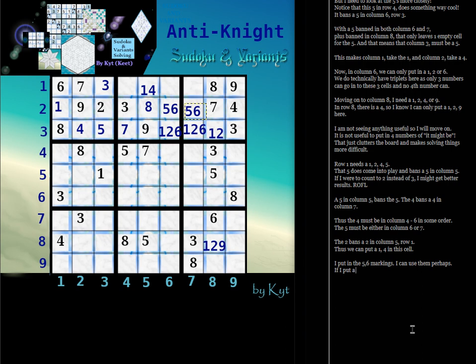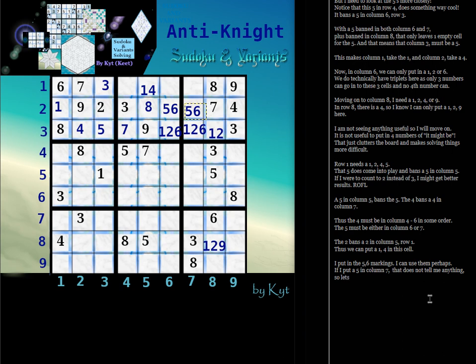If I put a 5 in column 7, that does not tell me anything.